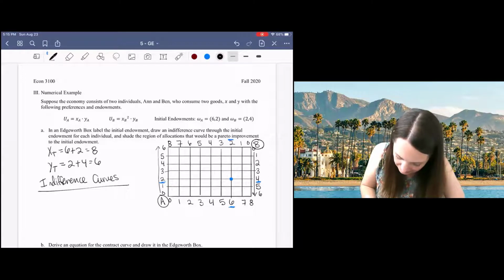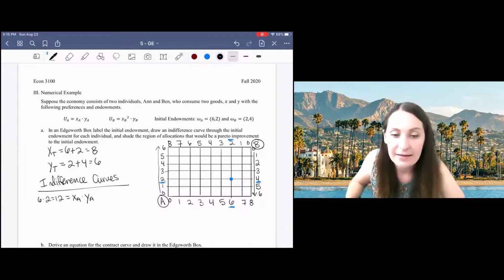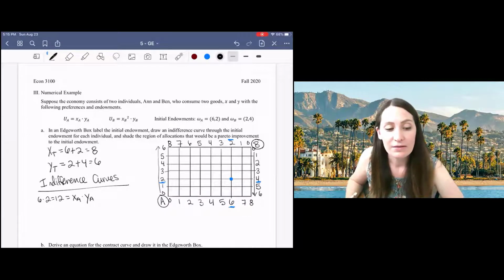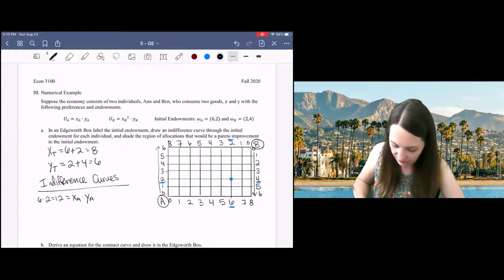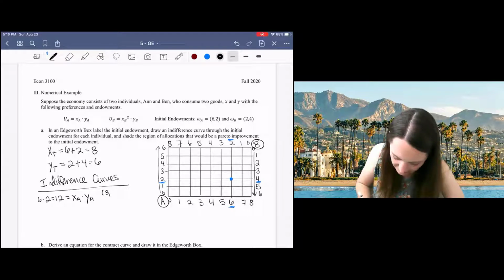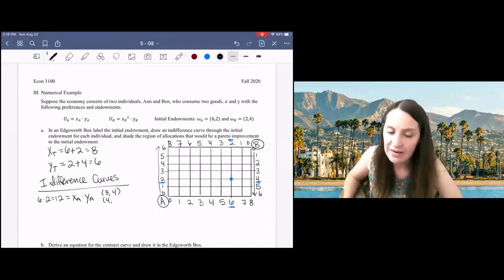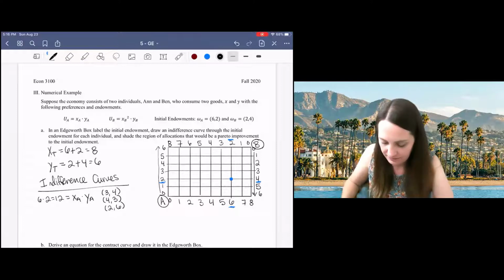For Anna, I know that her initial utility is 12, so the equation for her indifference curve will be 12 equals XA times YA. All bundles that multiply to give Anna a utility of 12 will be along her indifference curve. So we could think of points like (3, 4), (4, 3), and (2, 6) as also being along her indifference curve.